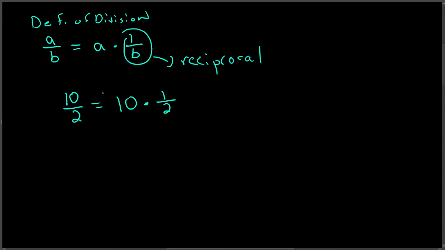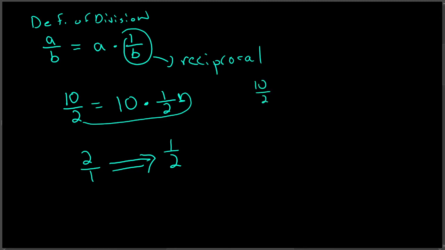So if we think about what happens here, this is 2 over 1, and what happens is it gets flipped upside down. So we can think of 2 over 1, its reciprocal is 1/2. Well, let's think about it. 10 divided by 2 is 5.